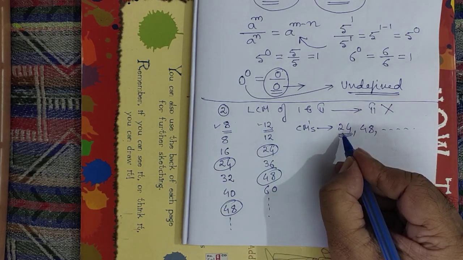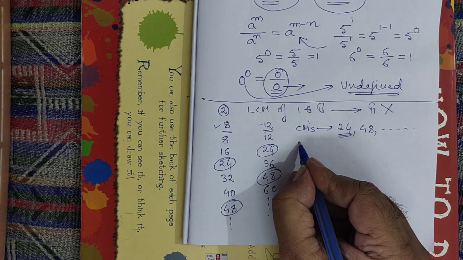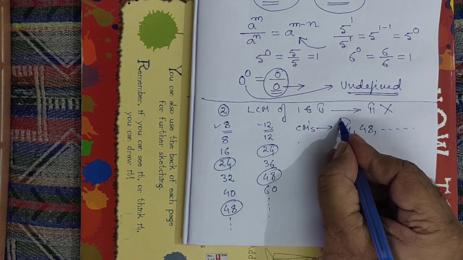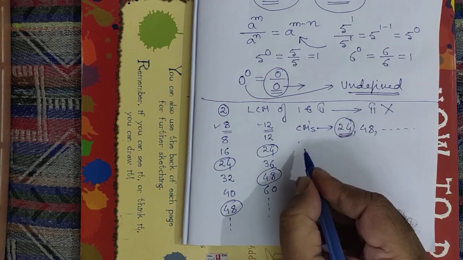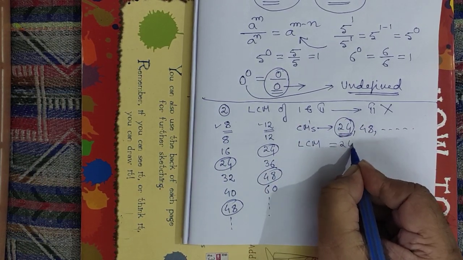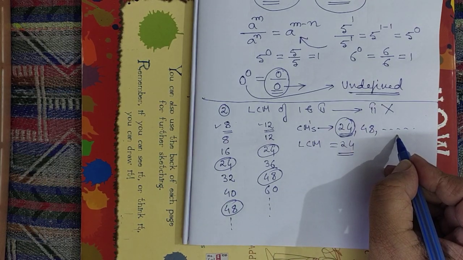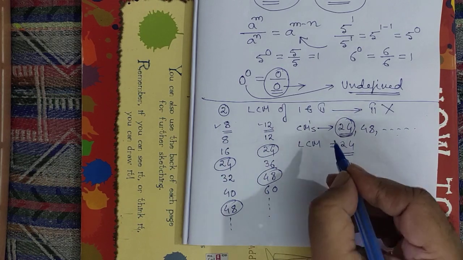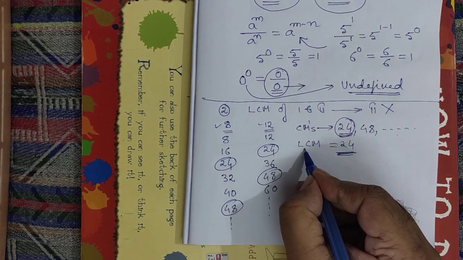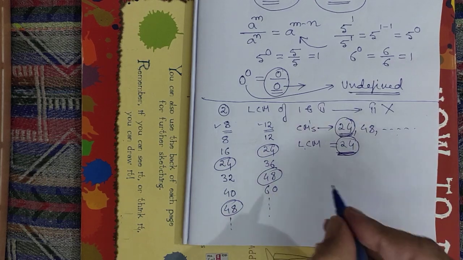Out of these infinite common multiples, what is the lowest common multiple if I ask you? You will say it is definitely 24. Hence, LCM is 24 only. Out of the common multiples, the common multiple which is the minimum, which is the lowest, that is called LCM, and therefore LCM in this case is 24.